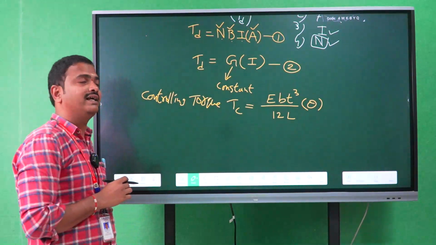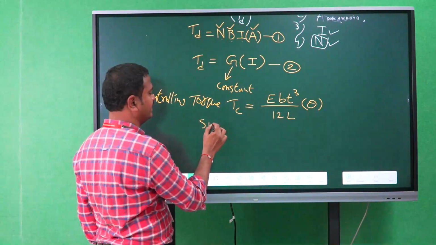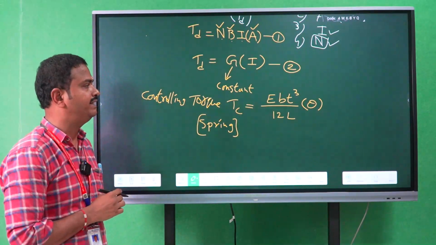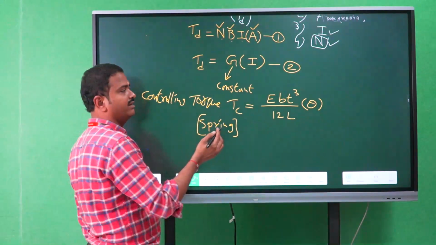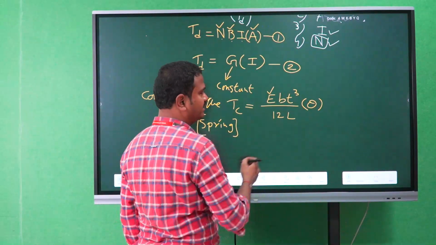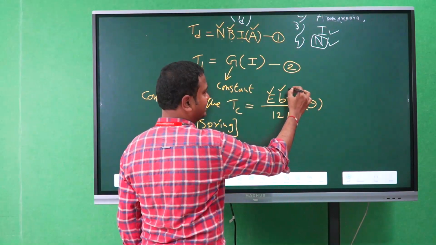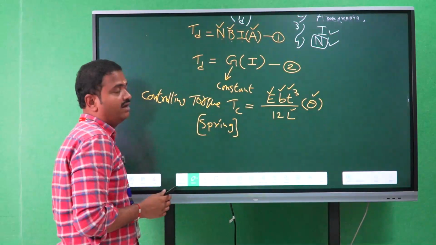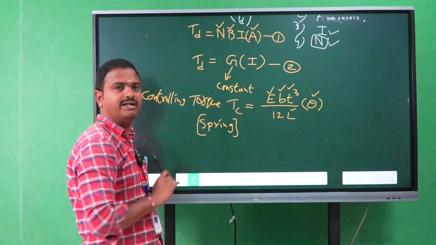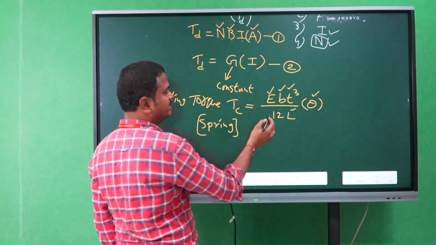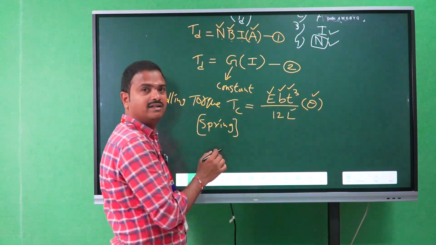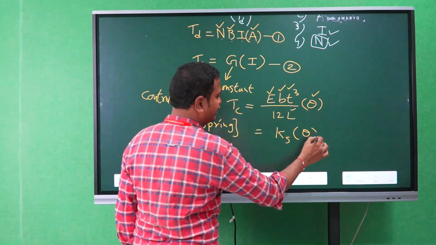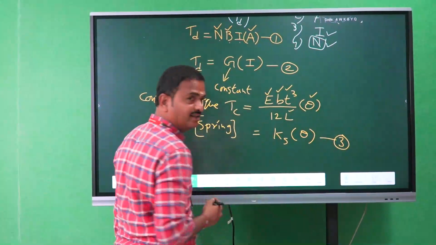Okay, this is the expression for spiral spring from the physics. So Tc equal to EB T cube by 12L into theta. So E means Young's modulus, B means breadth of the coil, T is thickness of the coil, L is the length of the coil, and theta will be the angle of deflection made by the pointer. Clear? So in this also E, B, T, L, these are the constant values. So Tc equal to some constant Ks into theta. So this is equation 3.